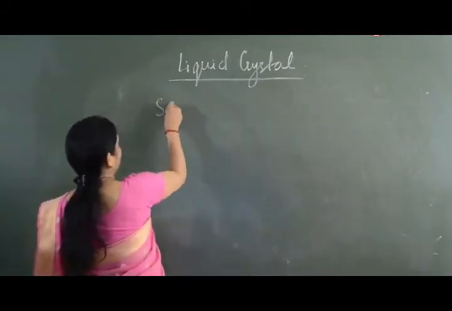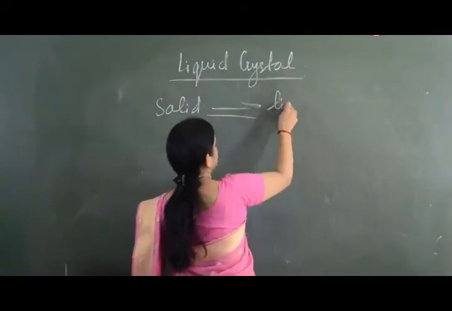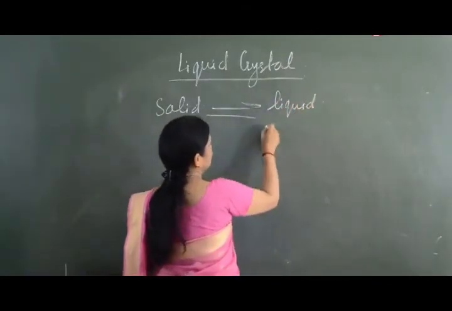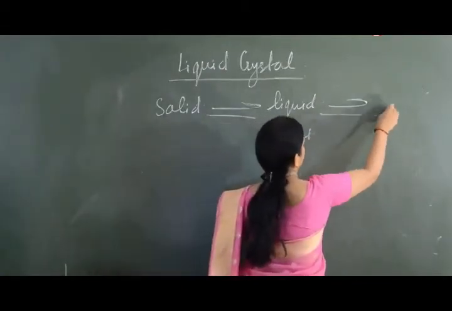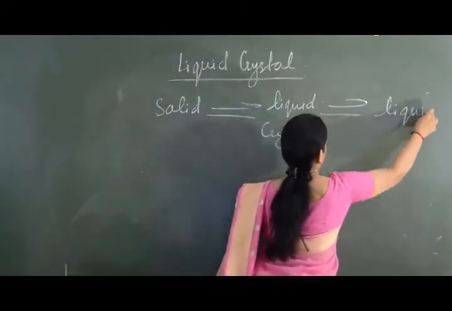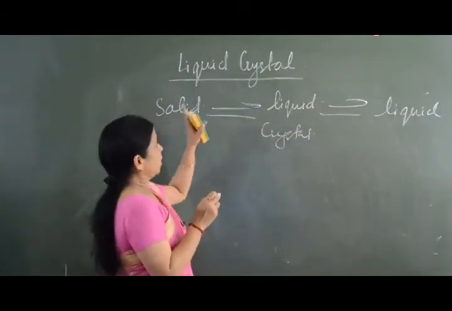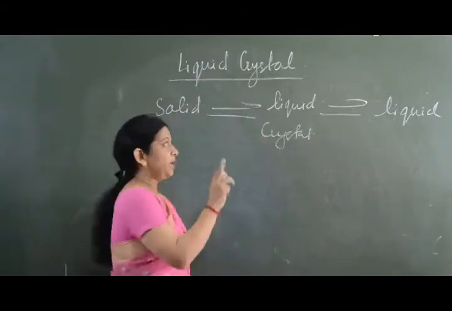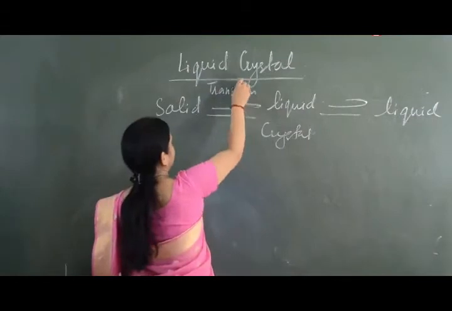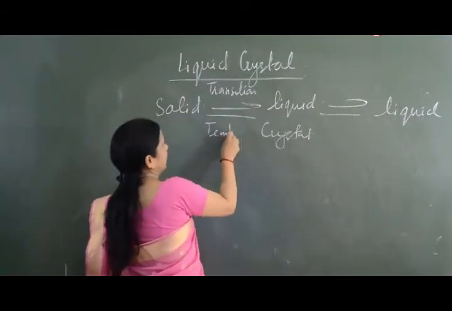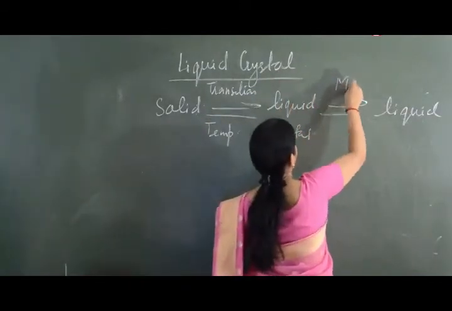If we have to explain it on the basis of an equilibrium, then this is the equilibrium. Solids form a crystal state, and then this crystal state, or liquid crystal, is going to form a true liquid. This solid is converted into a liquid crystal at a transition temperature, and this liquid crystal is converted into liquid at the melting point.